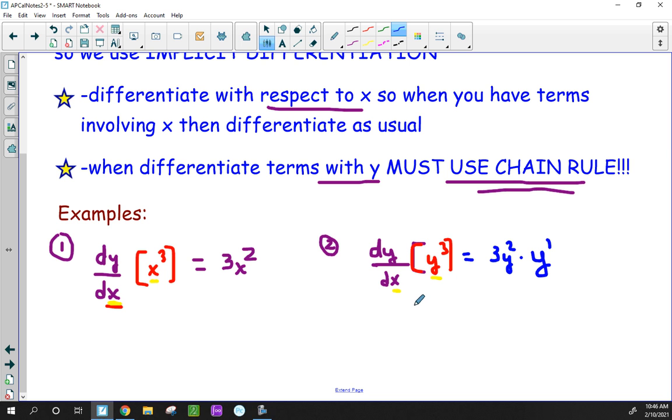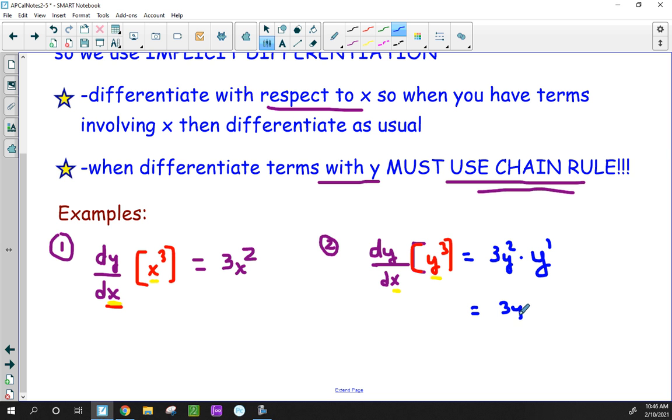Let me go over that one more time here. Find the derivative of y with respect to x of y to the third. Since we're finding it with respect to x and there's not an x in the problem, we have to use the chain rule, meaning we do the outside first. 3 times 1 is 3, drop y down, whatever this is, and then decrease the power by 1. But then because it's different, we have to do the derivative of y with respect to itself, and that's going to be y prime, dy dx. Sometimes you'll see the textbook do this as well.